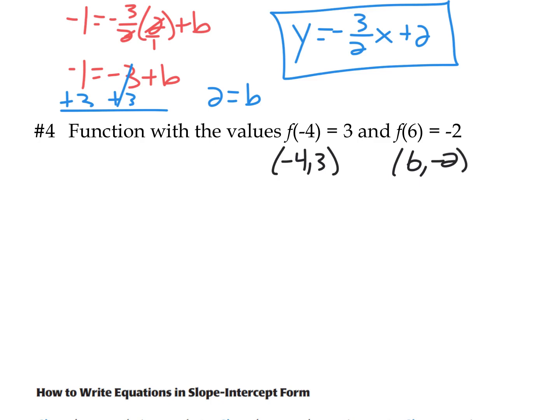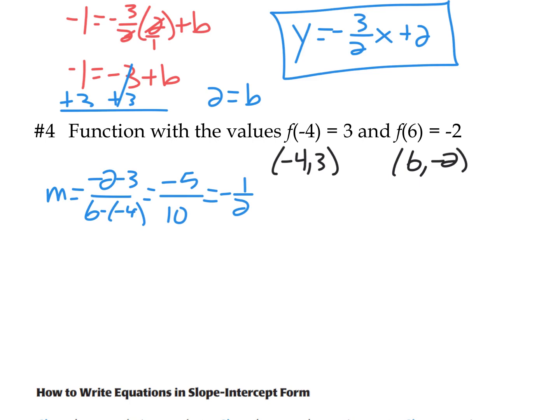Make sure you understand function notation and what that information is that you're being given when it's written in function notation. So my slope is going to be -2 minus 3 over 6 minus -4. That's -5 over 10, so -1/2 for the slope. And again, you can pick either point you want.